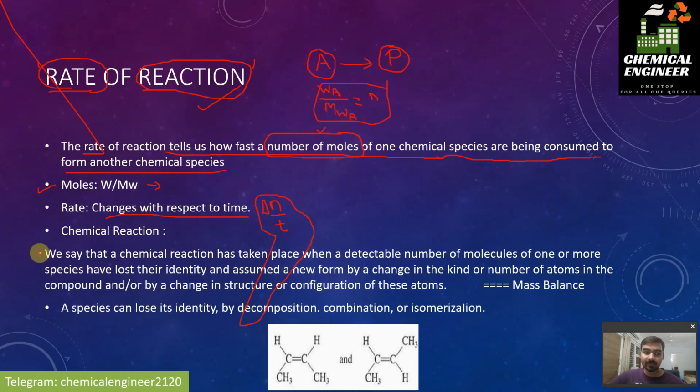We say a chemical reaction has taken place when a detectable number of molecules of one or more species have lost their identity or assumed a new form by a change in their kind, number of atoms, or by changes in structure or configuration of atoms.